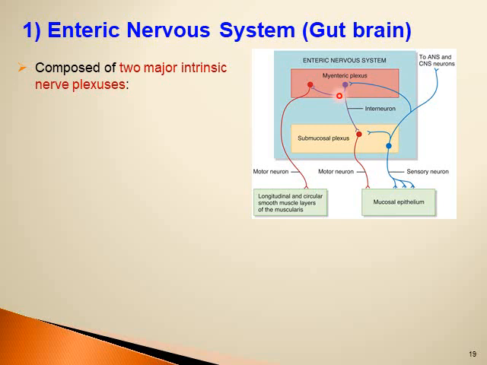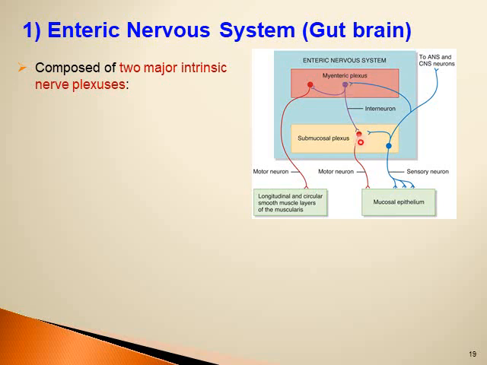canal wall. As you can see here, we have sensory neurons that are getting information from the mucosal epithelium. They will carry information to the submucosal plexus and to the myenteric plexus, and here we have the integration or control center either in the submucosal plexus or in the myenteric plexus.